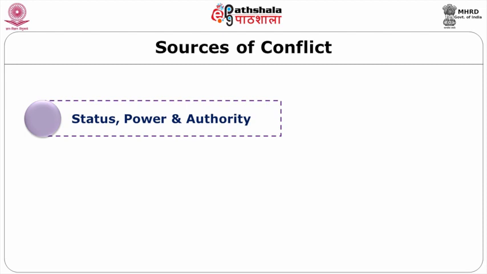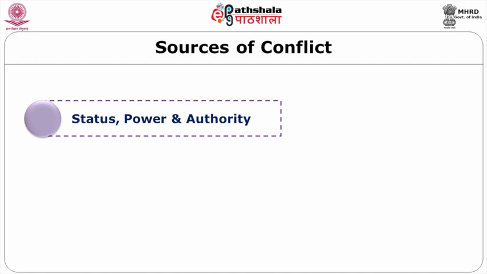So that may create low self-esteem among the subordinate, who feels that no, I am not in that particular authority, so I cannot do this particular work. So your status, authority and power sometimes create a problem of conflict, because the person who is with the power may sometimes exploit the subordinate, and the subordinate may be under pressure, may be under distress, which will ultimately lead to conflict.